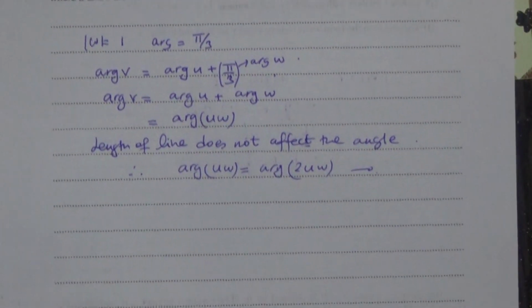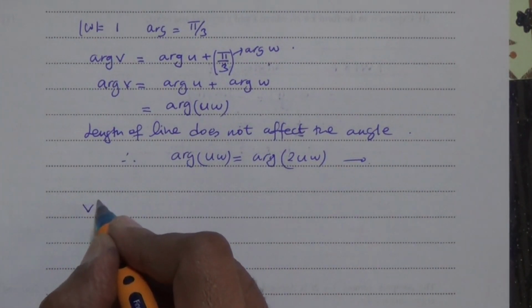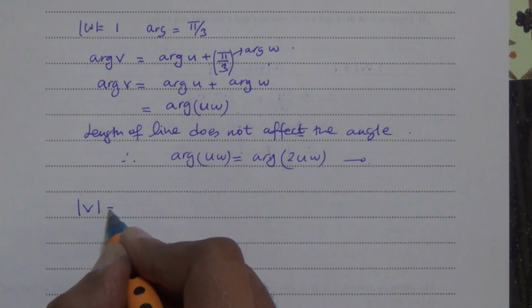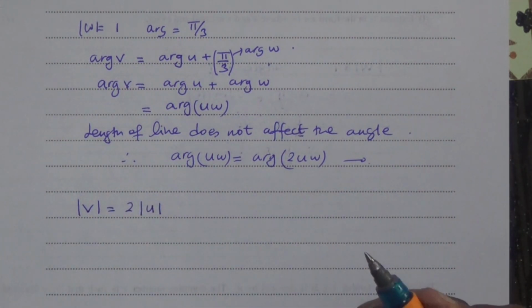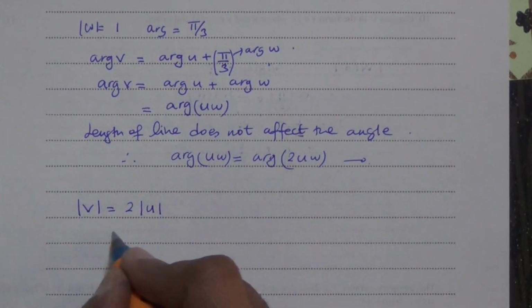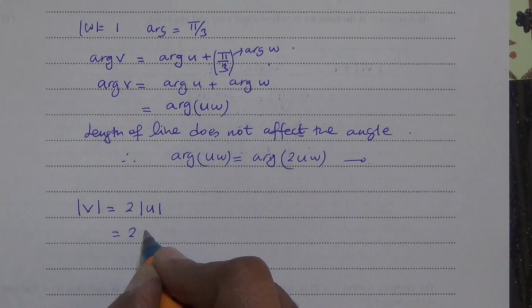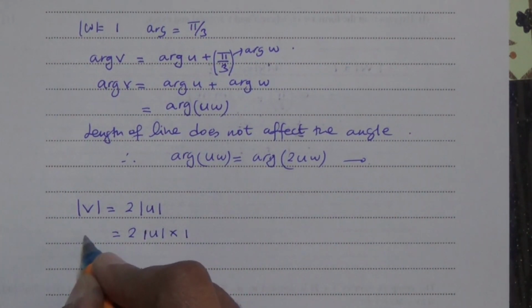We need to understand that the modulus of V is equal to 2 times the modulus of U. That's what's been given in the second part of the question. Using this in the third part, we can also say that this is 2 times the modulus of U times 1. It doesn't change anything here.